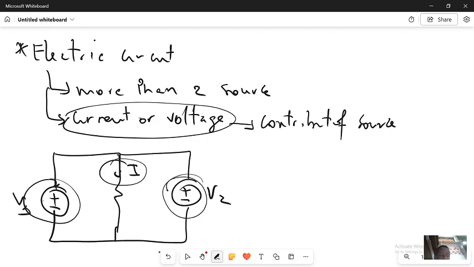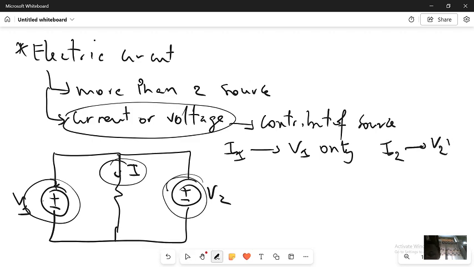If I combine these two voltages, the output I is going to be the summation: I1, the current contributed by V1 only, and I2, the current contributed by V2 only.